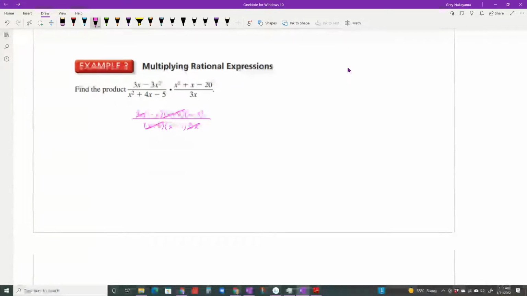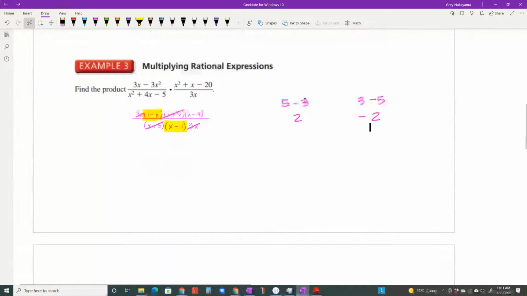And when you look at these two that are left here, y'all, you've got 1 minus x and x minus 1. Those are the same, except they're opposites of each other. If you think of 5 minus 3 is 2, and 3 minus 5 is negative 2. So when you change the order of what you're subtracting, the only difference is a negative sign.